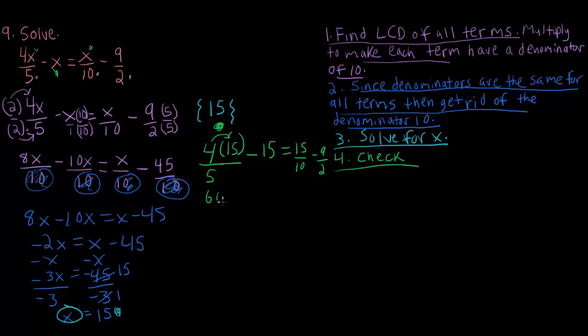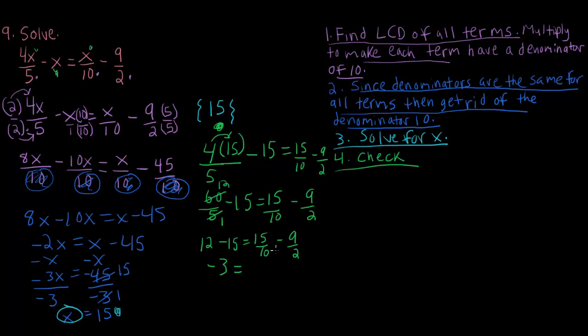So 4 times 15 is 60 over 5 minus 15 equals 15 over 10 minus 9 halves. 5 goes into itself once, 5 goes into 60 12 times. 12 over 1 is the same as 12 minus 15 equals 15 over 10 minus 9 over 2. 12 minus 15 is just negative 3.